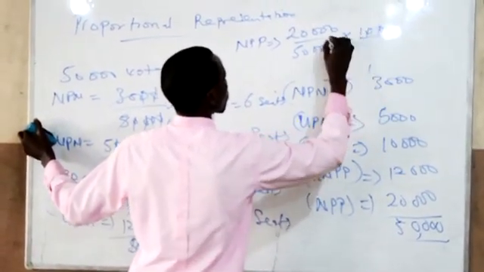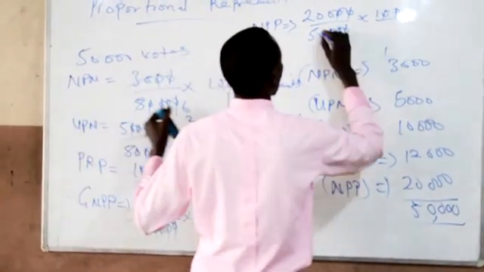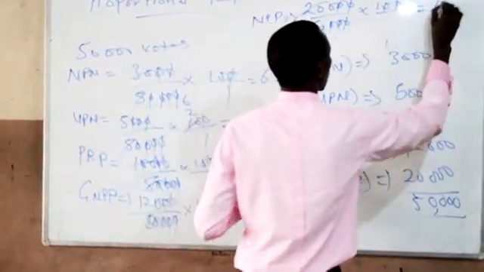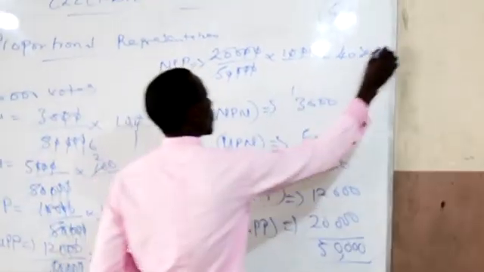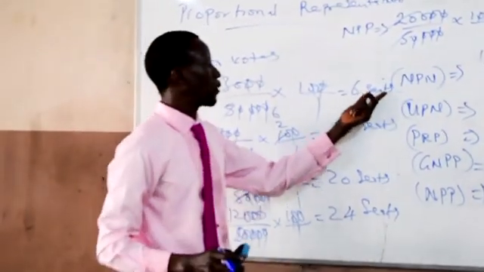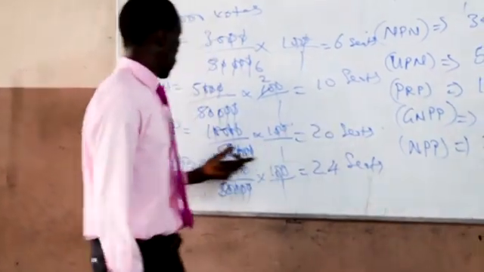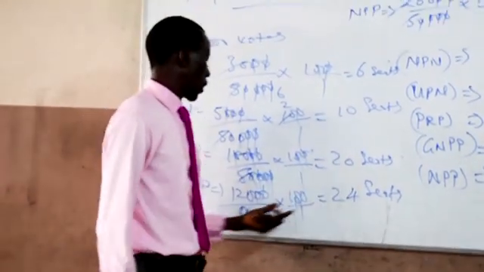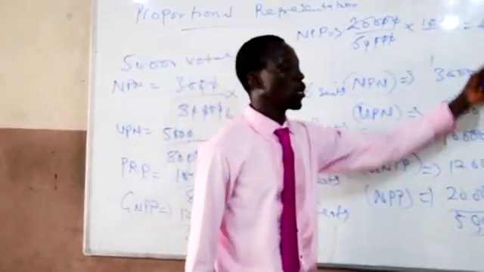So you are left with 200 divided by 5. That gives you 40 seats. So at the end of the day, you would say that the NPN had 6 seats, the UPN has 10 seats, PRP has 12 seats, GNPP has 24 seats, and NPP has 40 seats.